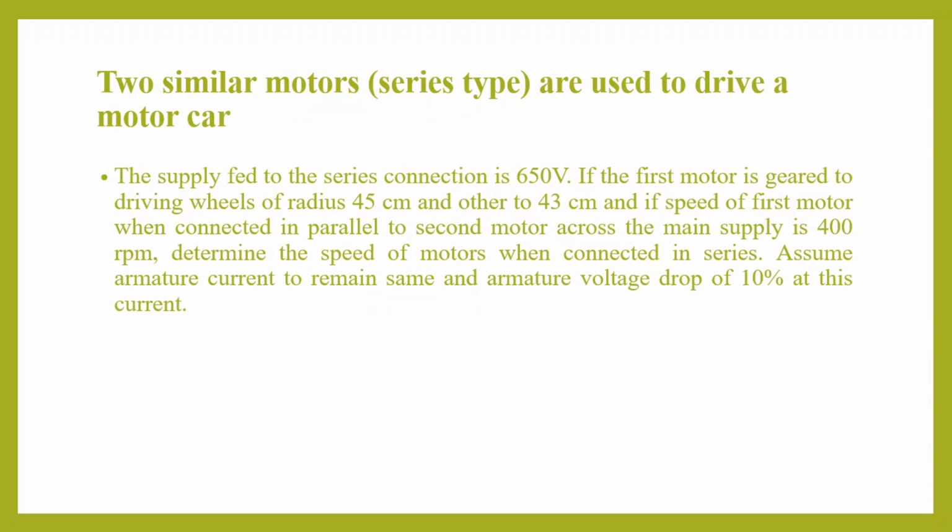If the first motor is geared to the driving wheel of radius 45 cm and the second motor to 43 cm, and if speed of first motor when connected in parallel to the second motor across the main supply is 400 rpm, determine the speed of motors when connected in series. Assume the armature current to remain same and armature voltage drop of 10% at this current.